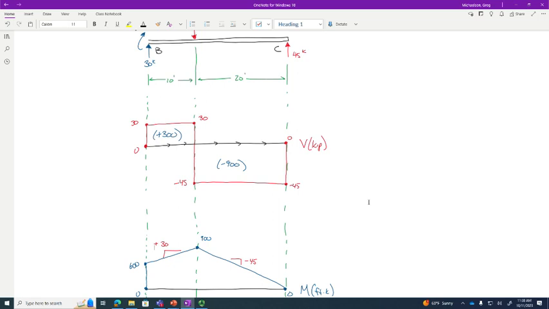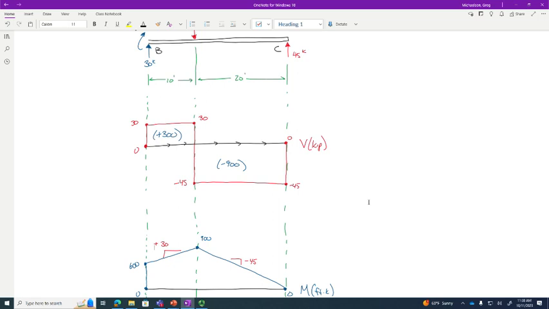Let me explain that in a nutshell. If we're looking at a truss member, let's just keep this basic. Let's say I have a truss member and I put 20 kips on either end of it.